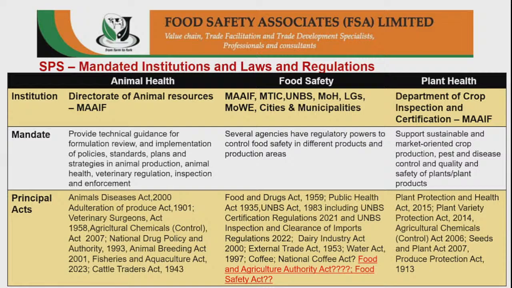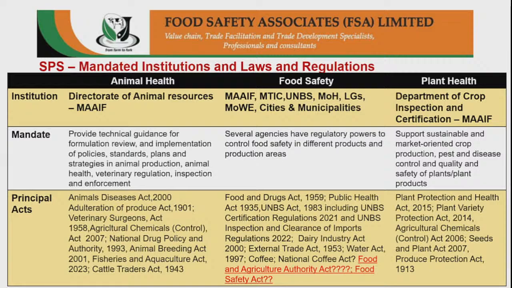Then for food safety, we have, of course, MAIF under the different departments. Then we have UNBS, and the Ministry of Trade, Industry and Cooperatives. We also have other agencies like Uganda Export Promotion; I know HASFA works there. They also have a mandate on approving some of the exports that go out of the country.